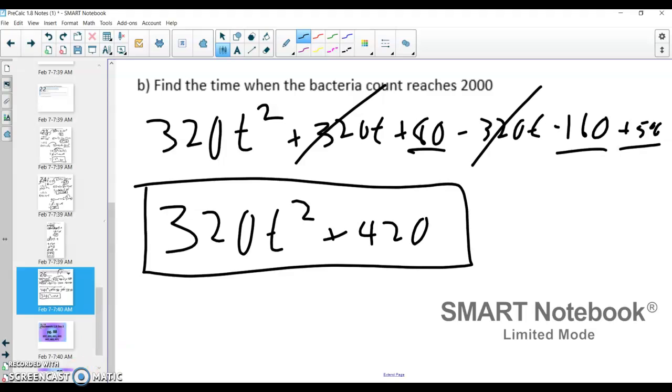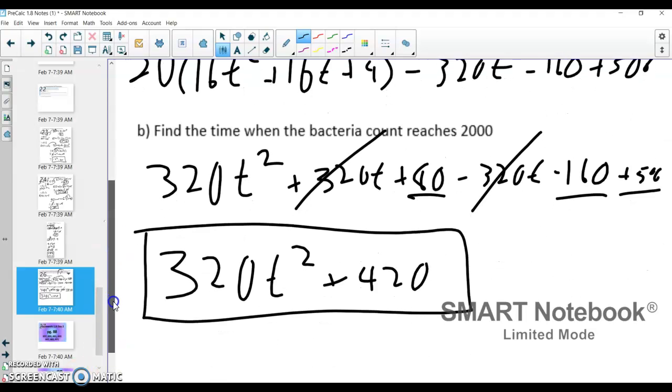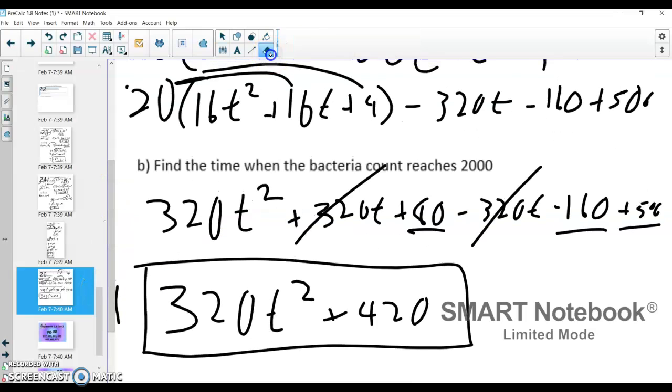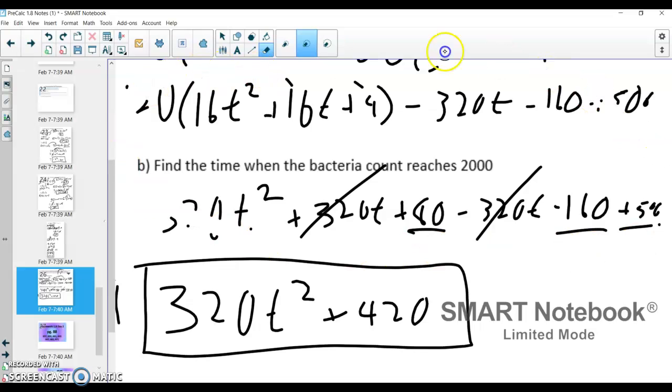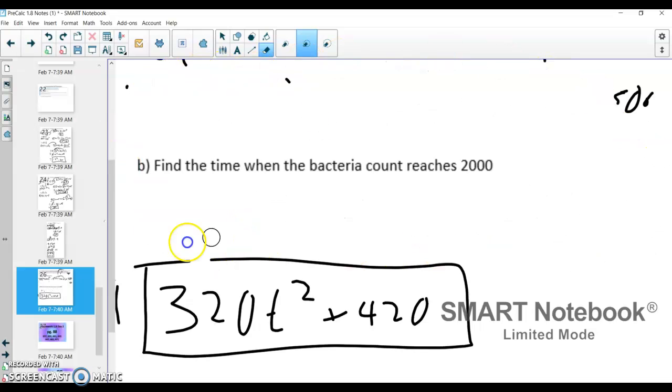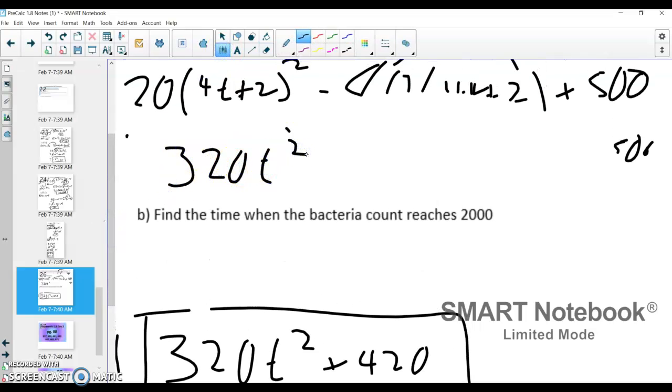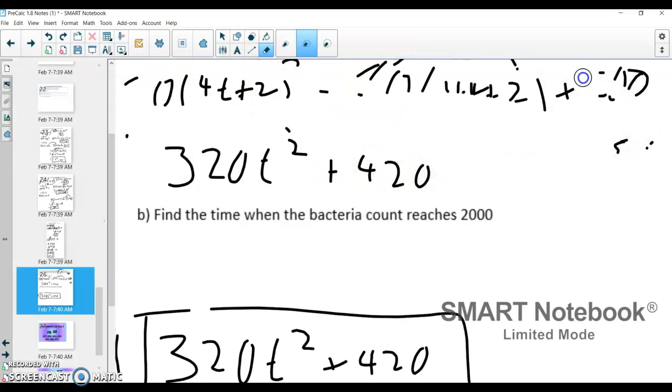Okay. Now the next part here, I'm going to clear my ink, and I'm going to erase a lot here so I have room to work again. I just want to save my equation, which is 320t squared plus 420. And then the rest I want to get rid of because I just want the room to work.